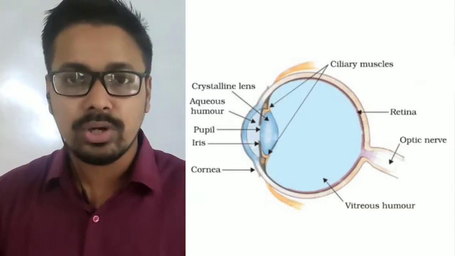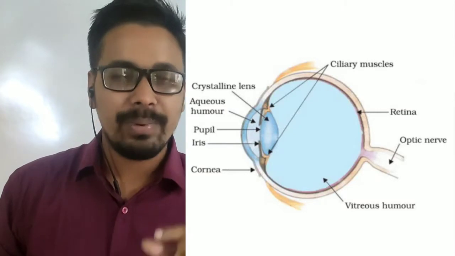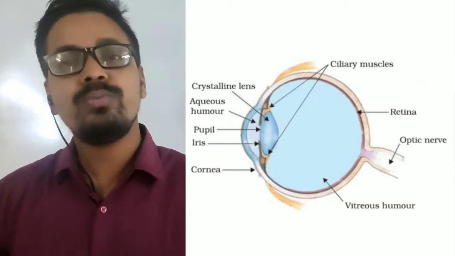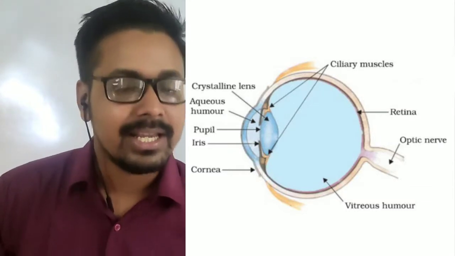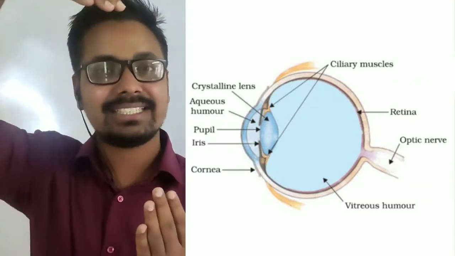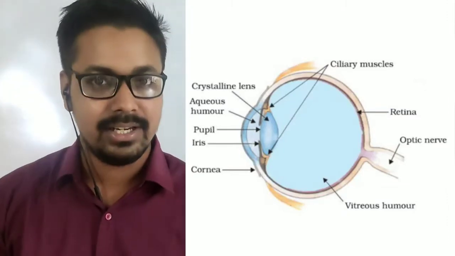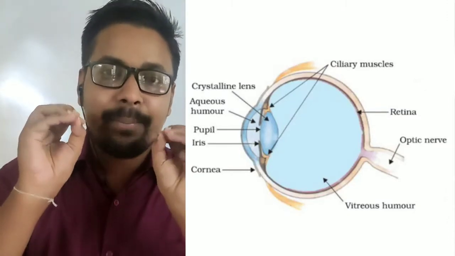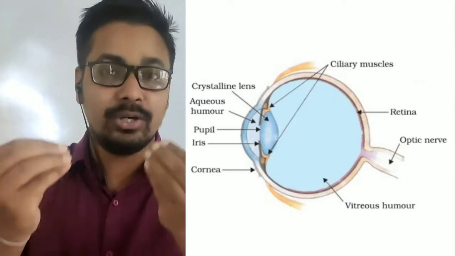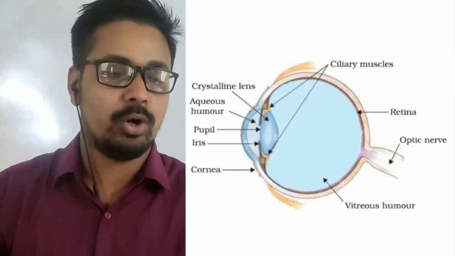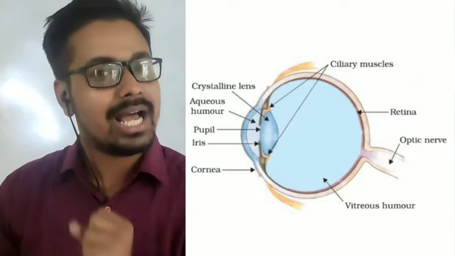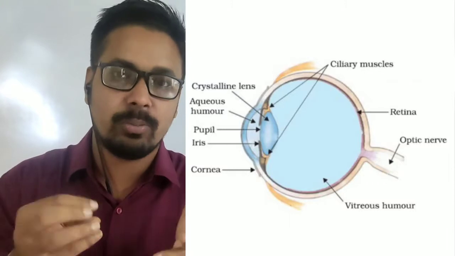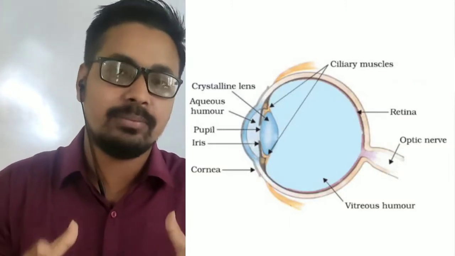Too much light can be detrimental to your eye. In that case, the iris tries to close the lid of the pupil, so that the exact amount of light that is required by the eye to see any object is allowed to enter through the eye.